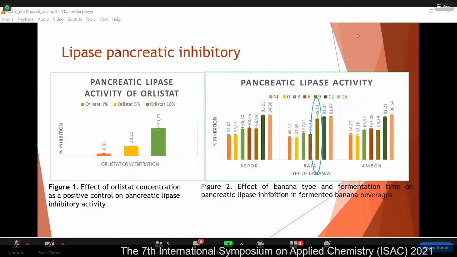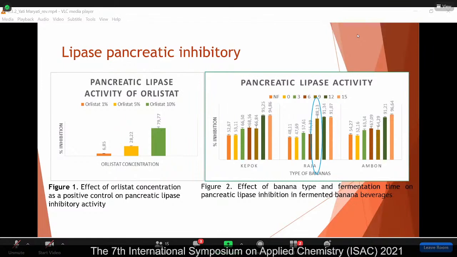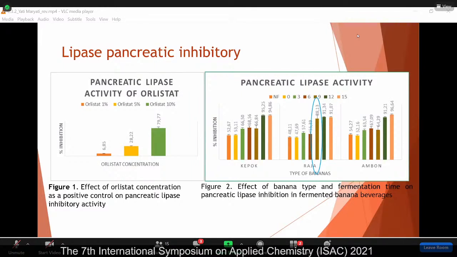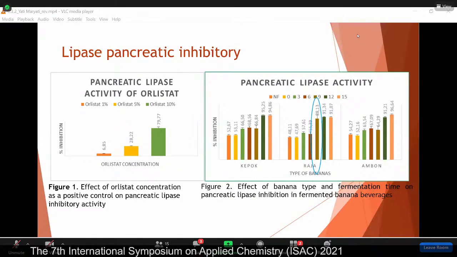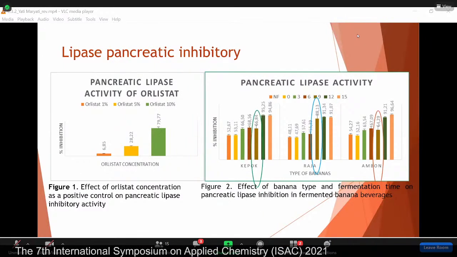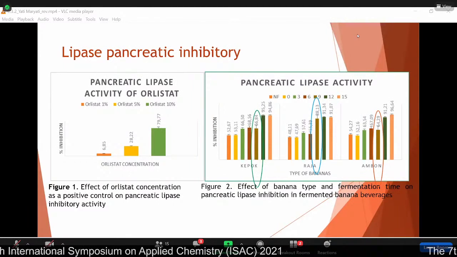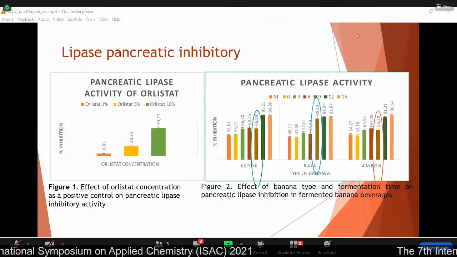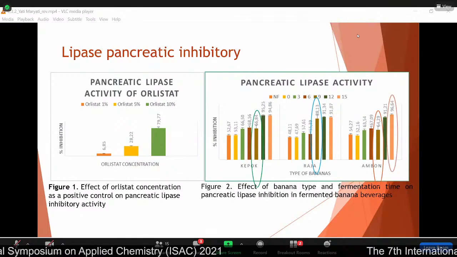The highest lipase inhibition was obtained on the 12th day in the Kepok banana type, and at 15 days the highest lipase inhibition was the Ambon banana with the inhibitory activity value. The results showed that fermented banana had succeeded in increasing the inhibition of pancreatic lipase, which was higher than orlistat.